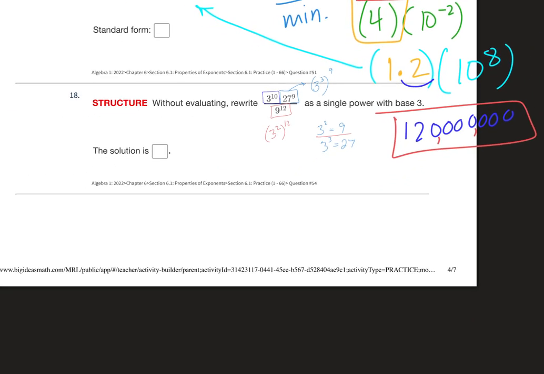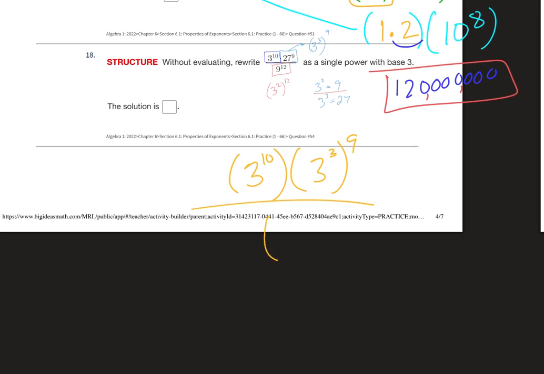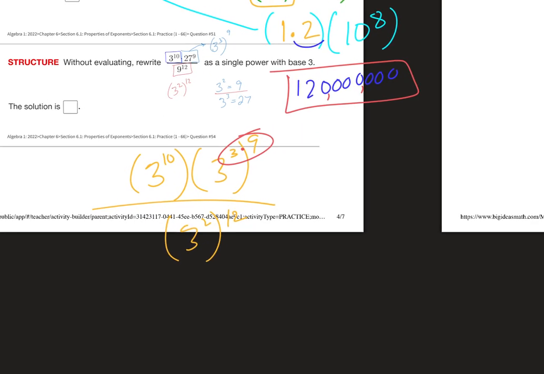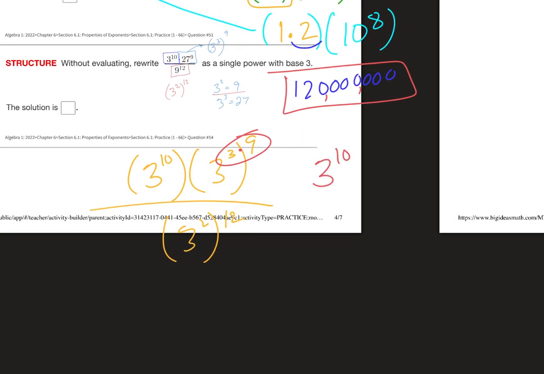So let me rewrite what I just said, basically. We have 3 to the 10th times 3 to the 3rd to the 9th, all over 3 squared to the 12th. And what we can do is if you have a power raised to a power, you multiply the powers. So we have 3 to the 10th times 3 to the 27th. Yikes.